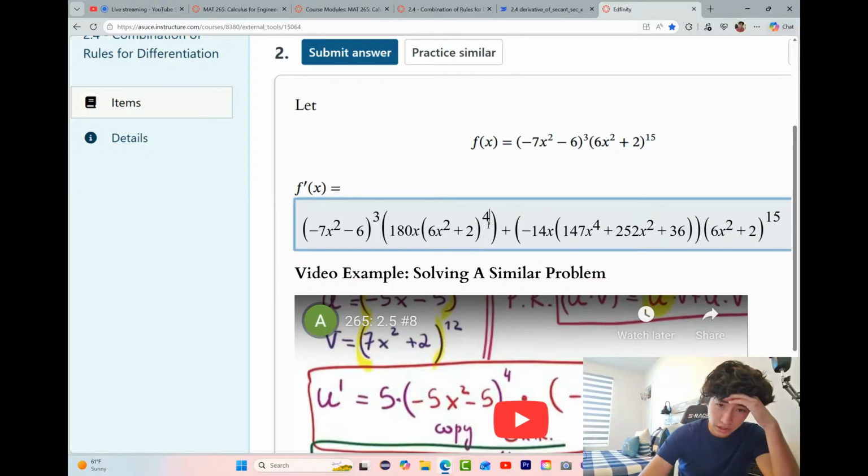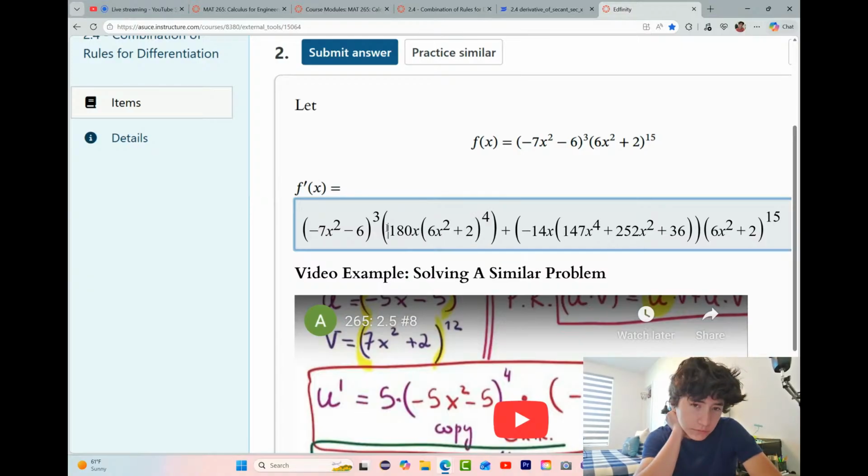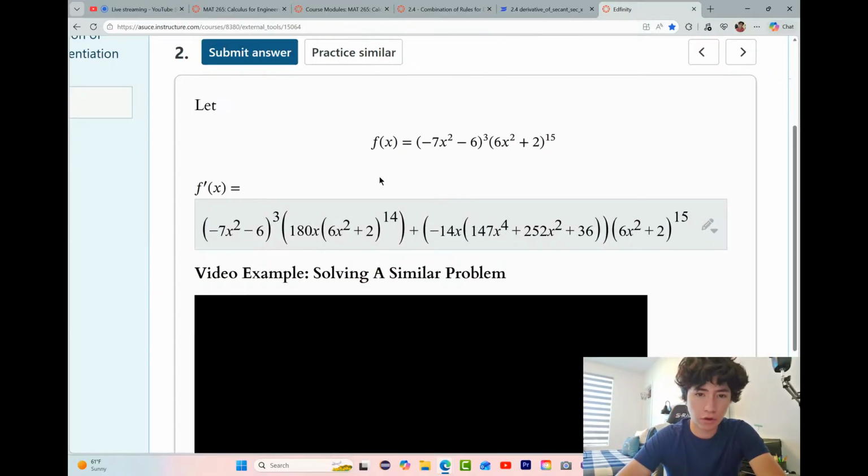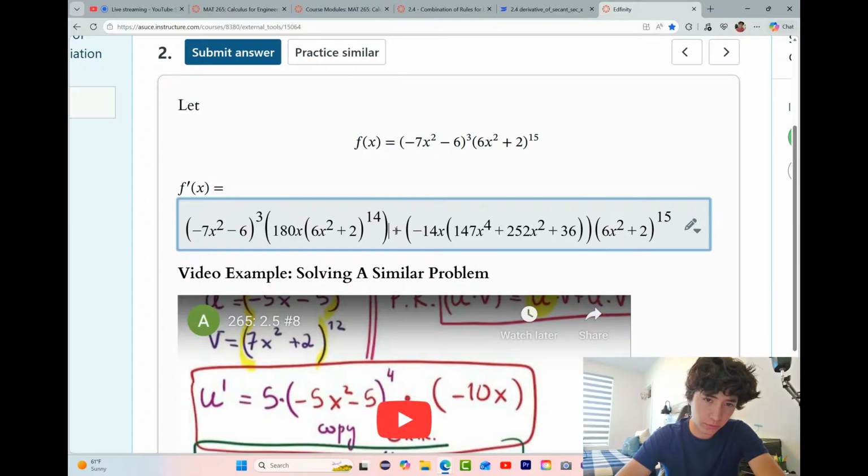Wait, how did I get 180x? 12x times 15. Oh, that's why. 14. And if that's still wrong, okay, cool. We found one error.